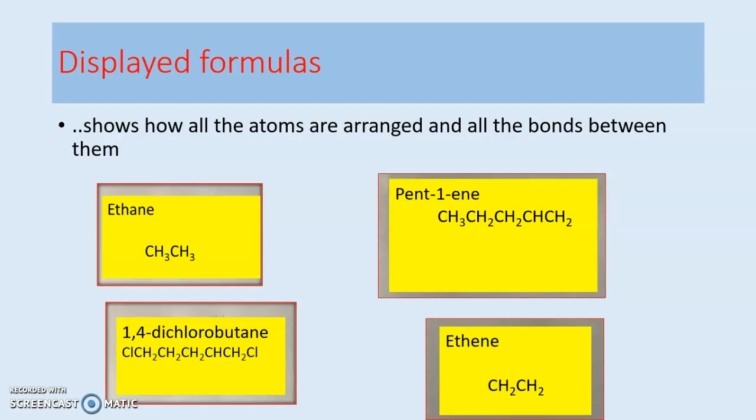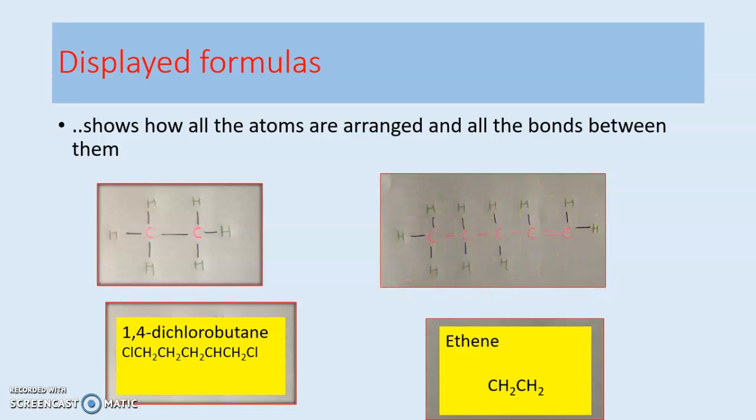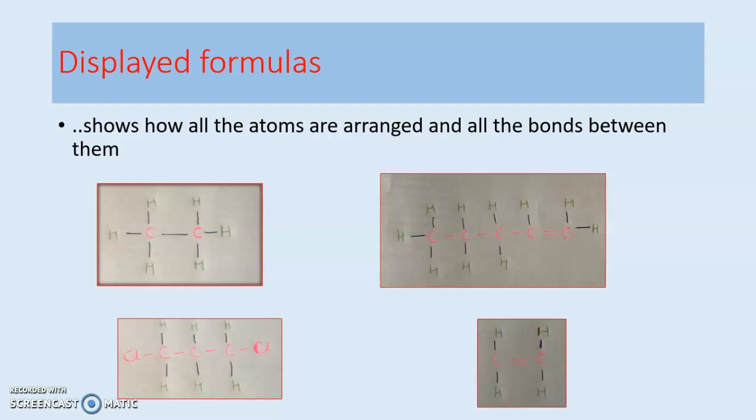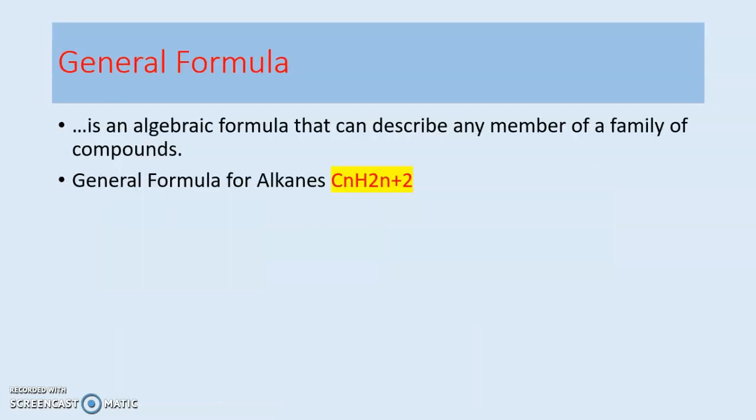If you want to show the bonds, that means you've got to use the displayed formula. So if I have to show the displayed formula of ethane, I would have to open it up and show the bonds. This is how a displayed formula is written. You open it up and then it becomes very clear what the bonding is inside that molecule.